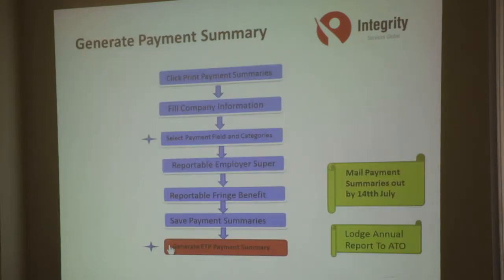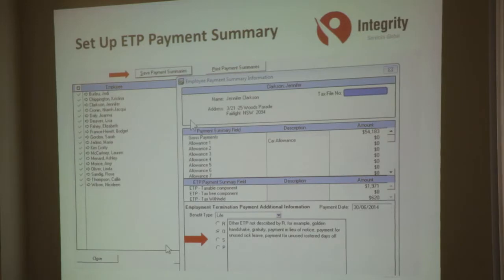So when you click save payment summaries, it will pop out this window, and for this part we need to choose. The number is already there automatically, so we don't manually type it in. But for payment date, when did you pay this termination pay? We assume we did on 30th of June 2014.